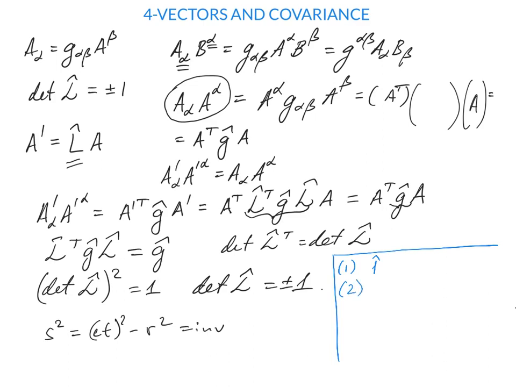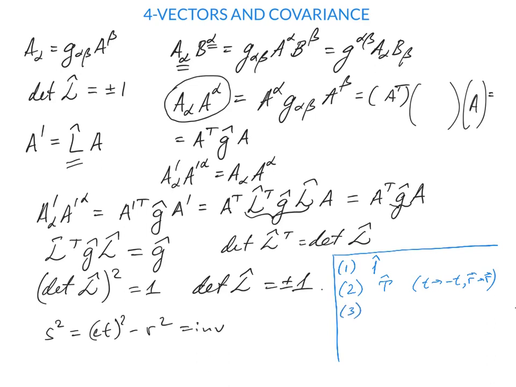The second one is continuously connected to the time reversal. So let's call it T. That's the one where you flip the sign of time and you don't do anything with the spatial coordinates.